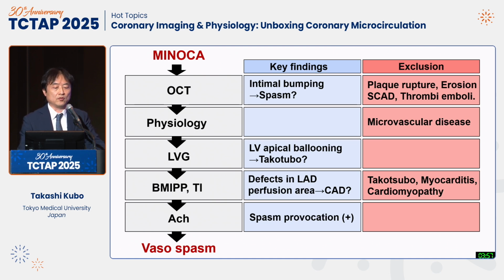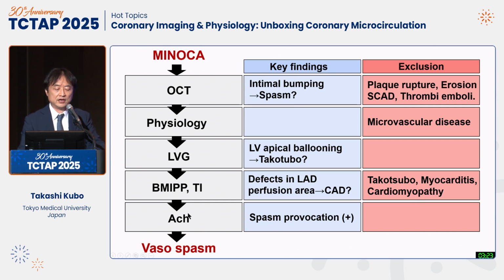This slide shows the flow of the diagnosis. This patient had a MINOCA. OCT demonstrated intimal bump suggesting spasm. Physiology testing excluded microvascular disease. LVG demonstrated apical ballooning suggesting Takotsubo disease. But BMIPP and thallium showed defects in the LAD perfusion area, suggesting coronary artery disease rather than Takotsubo disease, myocarditis, and cardiomyopathy.